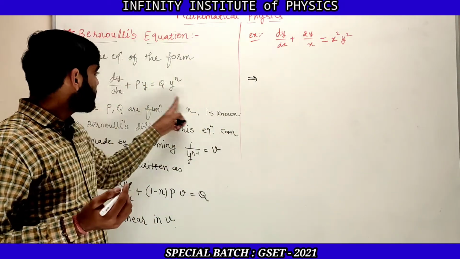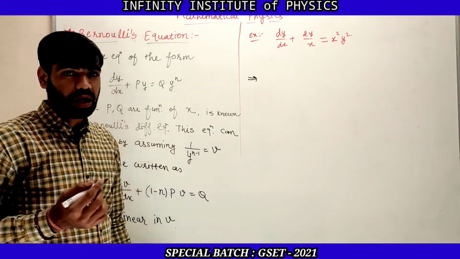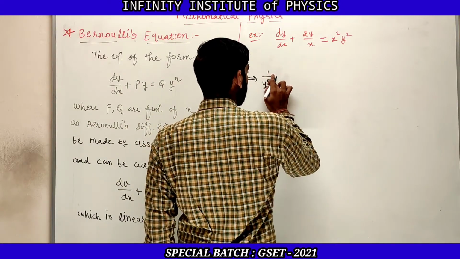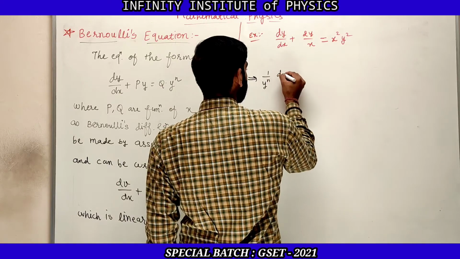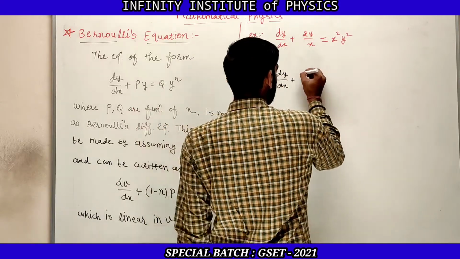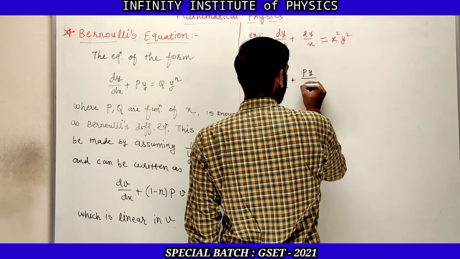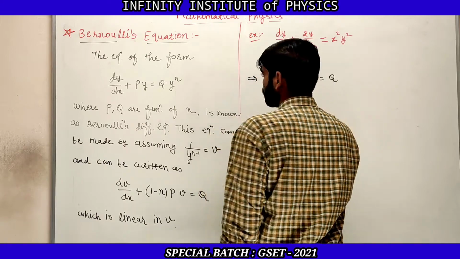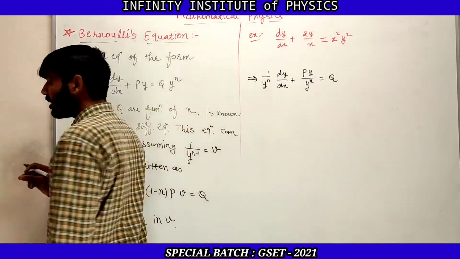Now let us divide this equation by y raised to n. Then it will be 1 upon y raised to n into dy by dx plus p y into 1 upon y raised to n, which is equal to q. Y raised to n will cancel out.